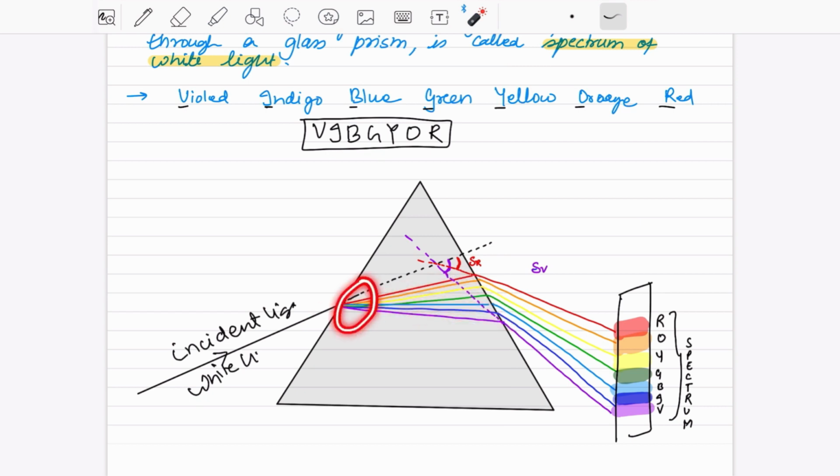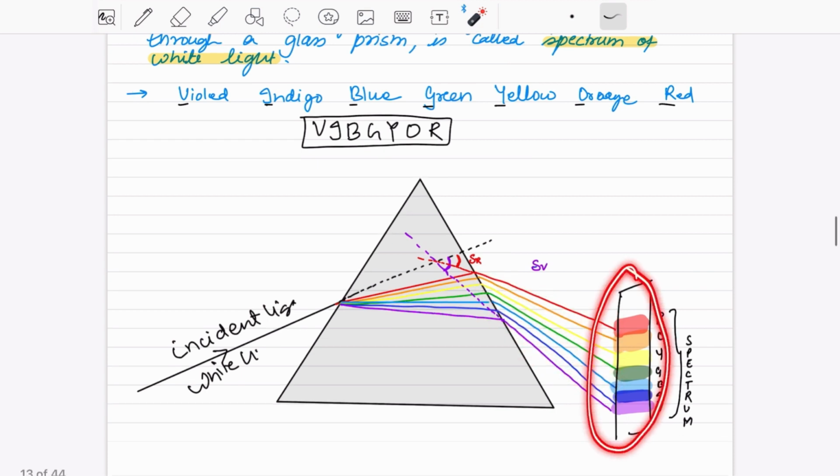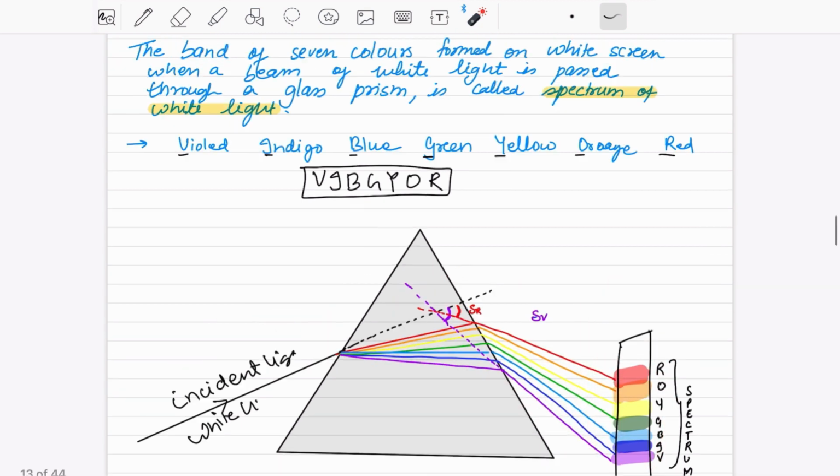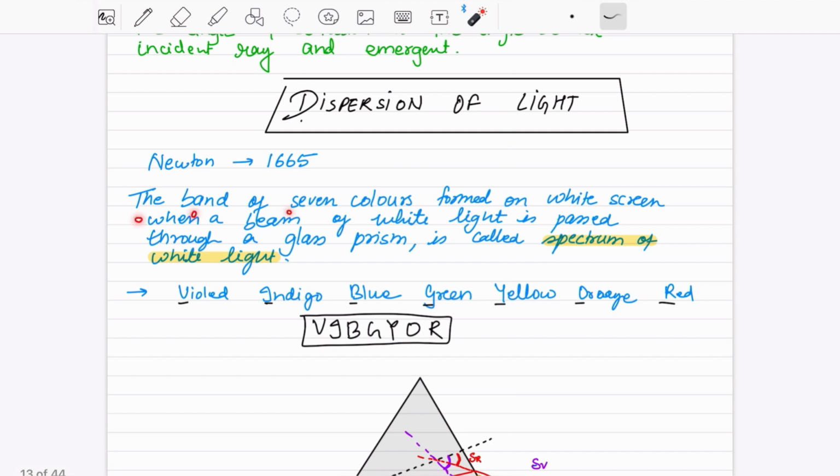Now, this splitting of light into 7 colors is known as dispersion, and the pattern you achieve on the screen is known as spectrum. So the band of 7 colors formed on a white screen when a beam of light is passed through a glass prism is called the spectrum of white light.